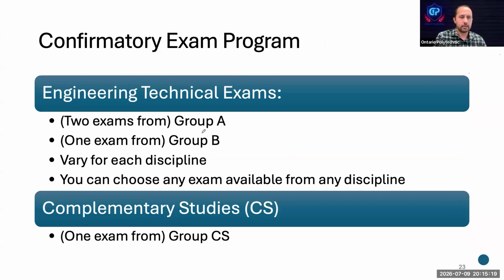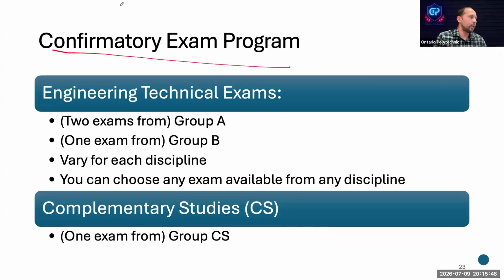Sometimes people call me saying I have a master's degree in Canada, I have a PhD in the US, I have, I don't know, A plus in all my exams back in my bachelor's degree. Those don't count. The only thing important for them is that you don't have a degree from Canada or the US. We sometimes call these technical exams, but the proper term is confirmatory exams.